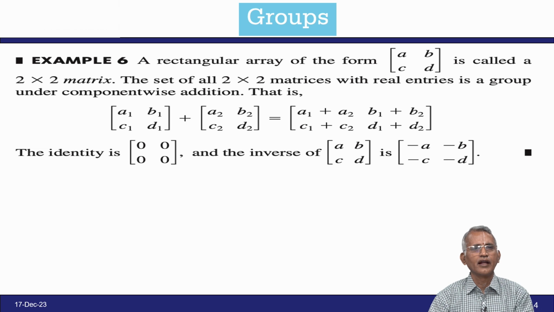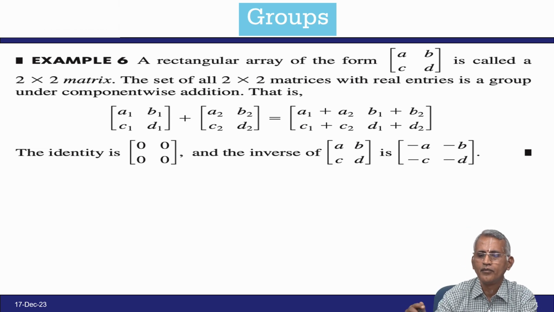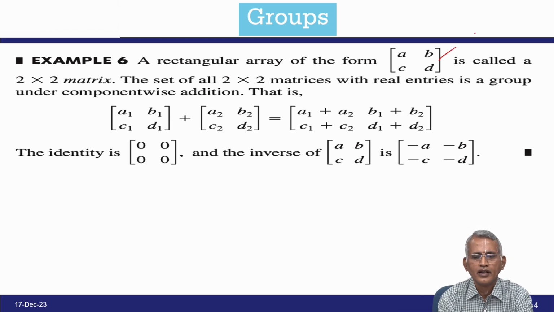Next, we take a rectangular array in the form of a 2 cross 2 matrix. A, B, C, D is called a 2 cross 2 matrix. The set of all 2 cross 2 matrices with real entries is a group under componentwise addition.